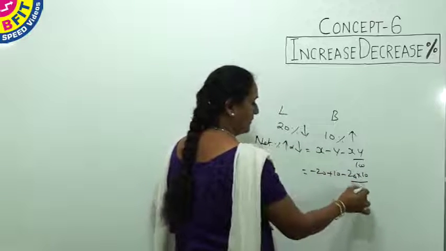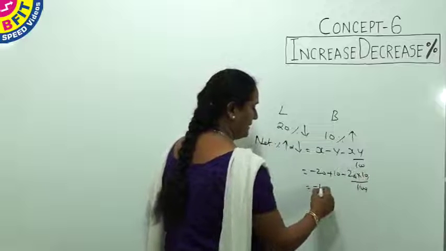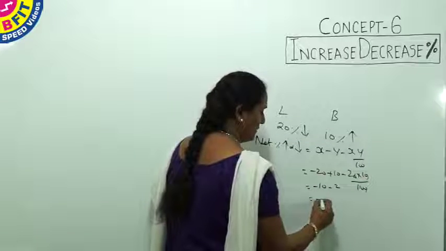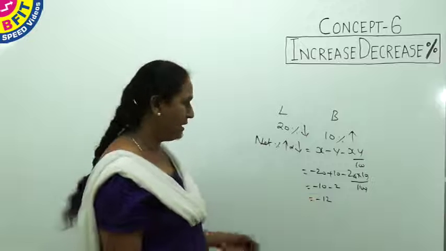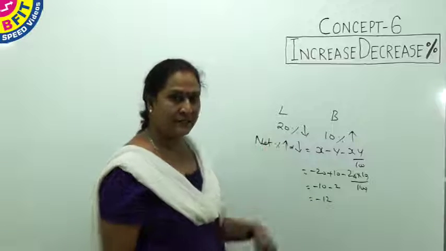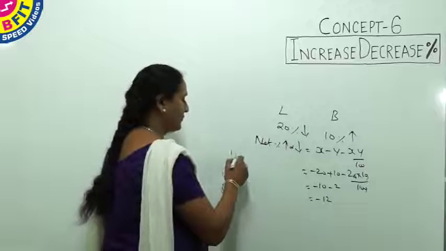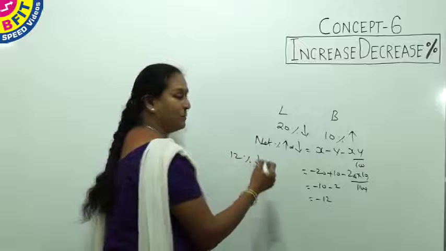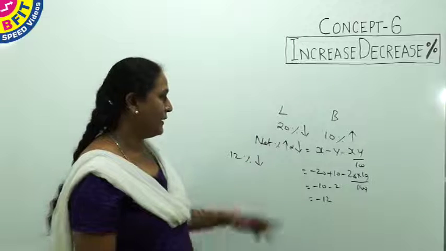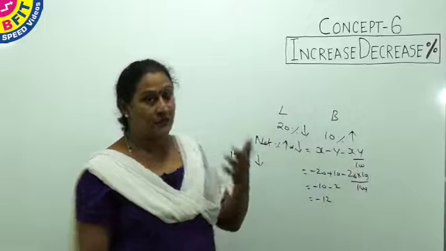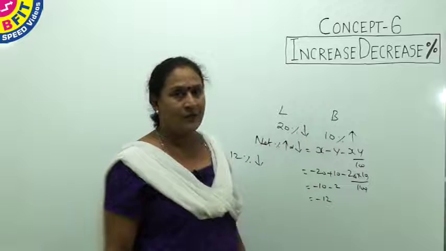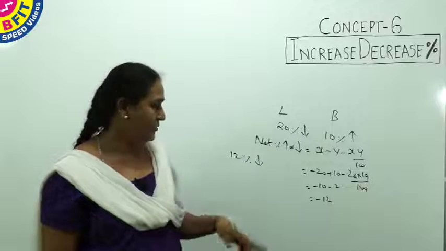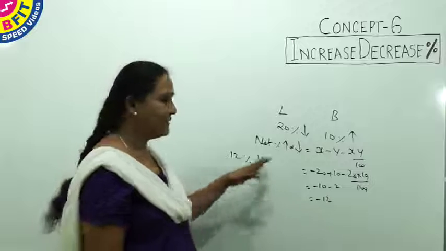Now the factor is minus 10 minus 2, which is equal to minus 12. So we have a negative value. It means the net effect is a decrease, which is equal to 12%. So when 20 increased and 10 decreased, it was an 8% increase. When this is reversed, 20 decrease and 10 increase, it will not be the same 8% decrease; it is more than that, a 12% decrease.